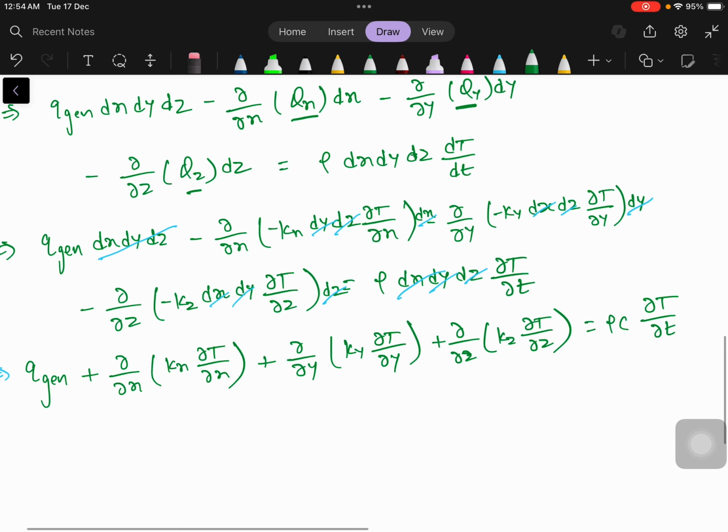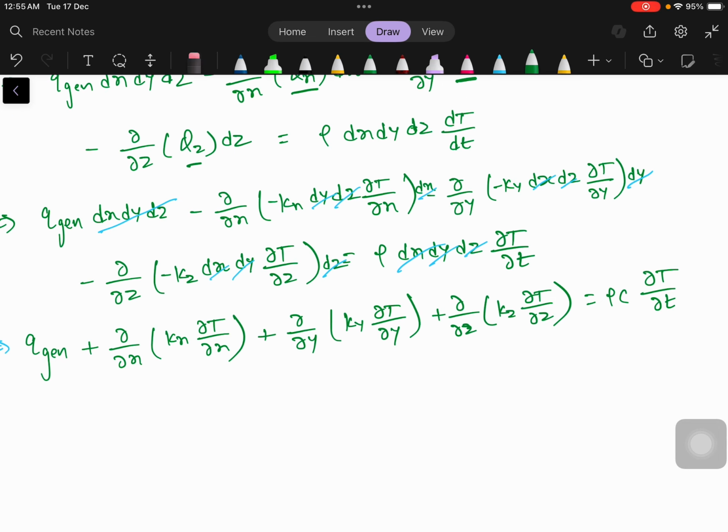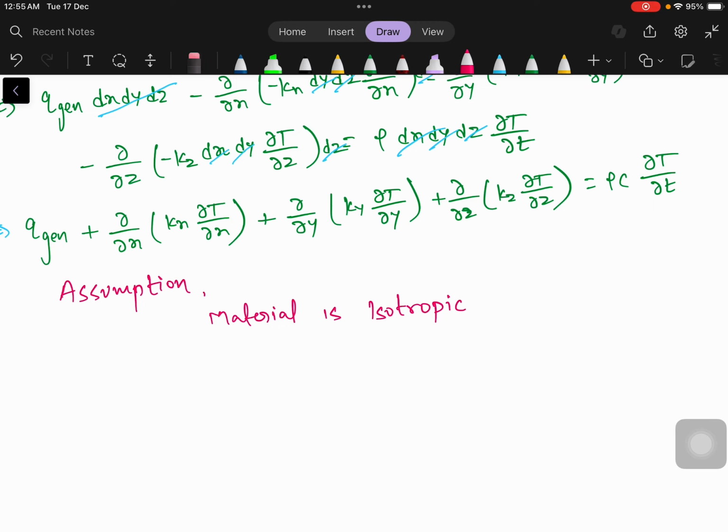Here we are going to make one more assumption to simplify this equation. The assumption we are going to make is that the material is isotropic.